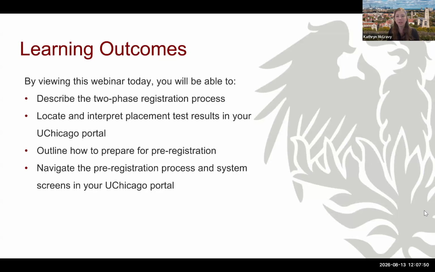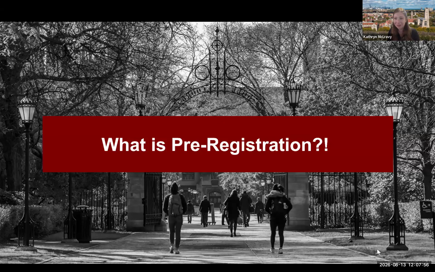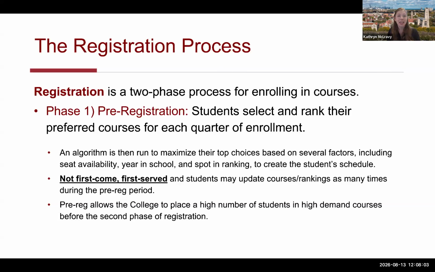Okay, so we're going to start with the big question, and maybe some of this has also come up already, but what is pre-registration? What does that mean? At UChicago, we have a two-phase registration process. Registration at UChicago involves pre-registration and add drop.